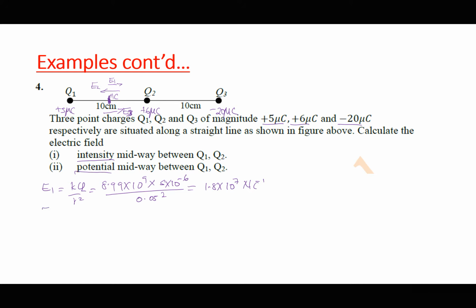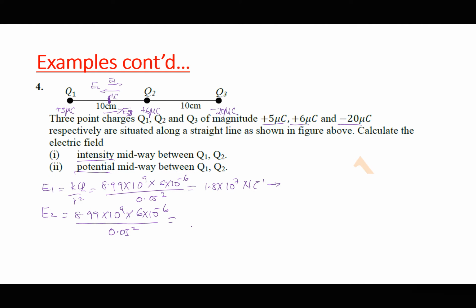Then E2, of course this is to the right. E2 is going to be similarly 8.99 times 10 power 9, times the charge 6 times 10 power -6, divided by 0.05 squared, that is the distance between the midpoint and Q2.